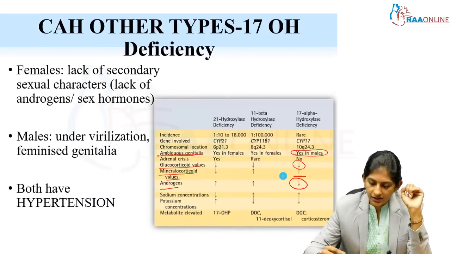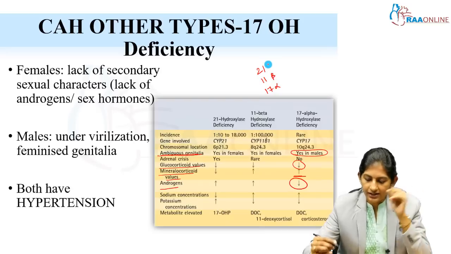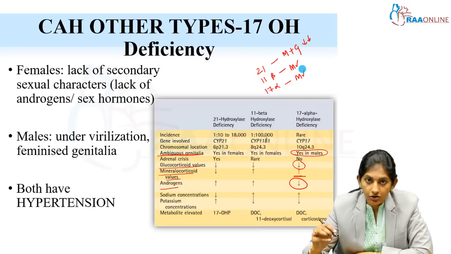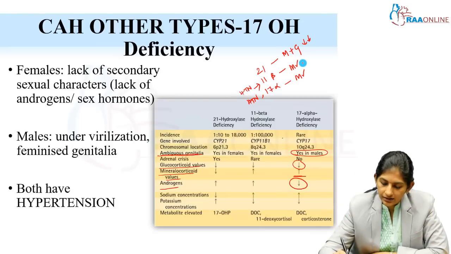So, we have seen 21-hydroxylase, 11-beta-hydroxylase and 17-alpha-hydroxylase deficiency. In 21, both mineralocorticoid and glucocorticoid will be deficient. In 11 and 17, mineralocorticoid is normal or high, so we have hypertension, and glucocorticoid will be deficient in both.